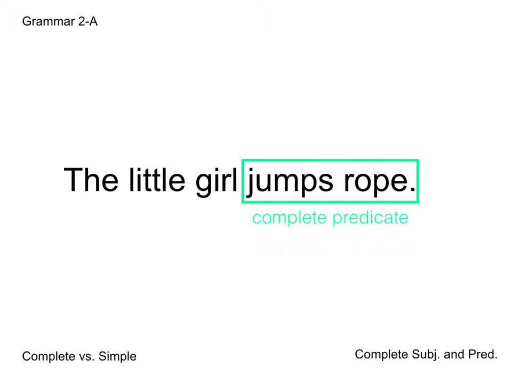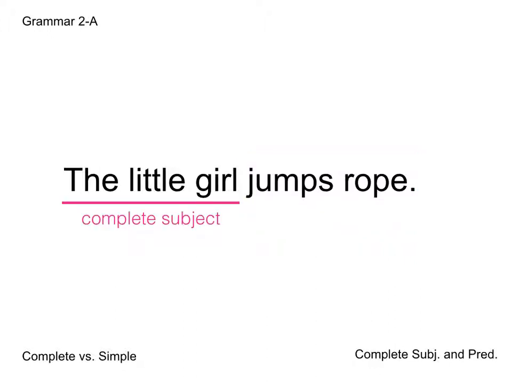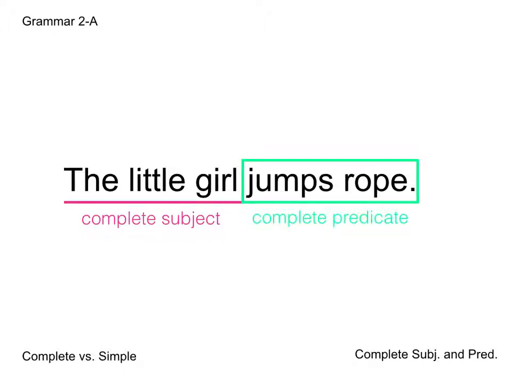Next, we'll look at the complete subject. We know that girl is the simple subject, and just like the complete predicate, the complete subject is going to include the simple subject and all the words that come before the subject. So we have the little girl as the complete subject. And here they are together. We have the complete subject and the complete predicate to make the sentence, the little girl jumps rope.